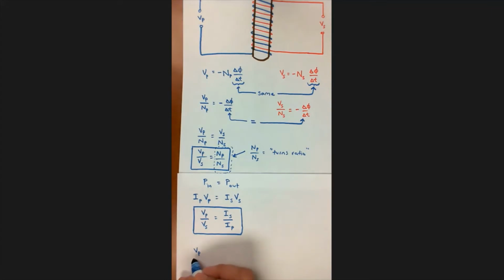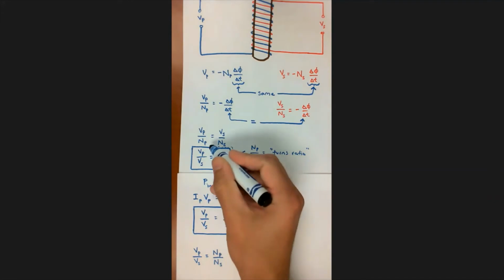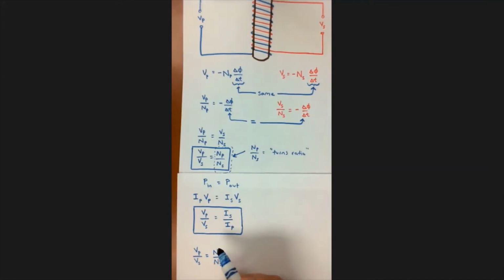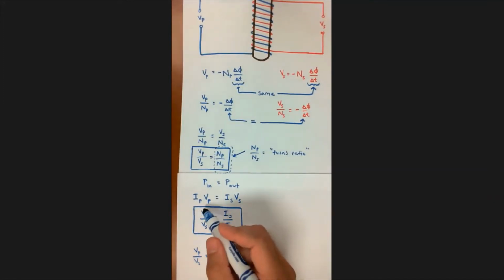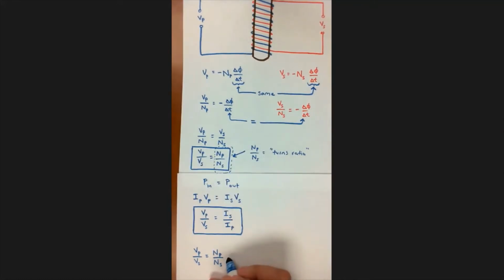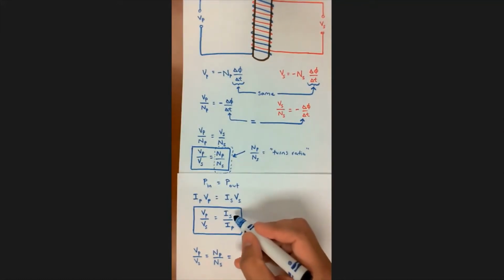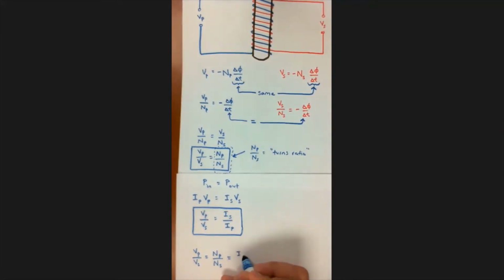V sub P divided by V sub S equals N sub P divided by N sub S. That's this equation right here. And then I can also say this is the same thing as this, so I can set that equal to I sub s divided by I sub p.